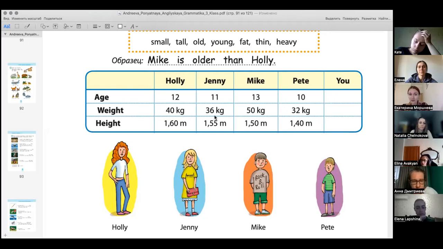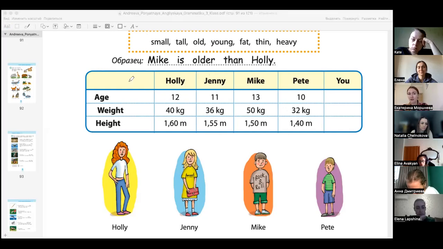And then we read this example and we check. I ask children to color the information, like Mike is older than Holly, and I ask them to color the information in the chart which can prove this, that Mike is 13, Holly is 12, so is Mike really older?